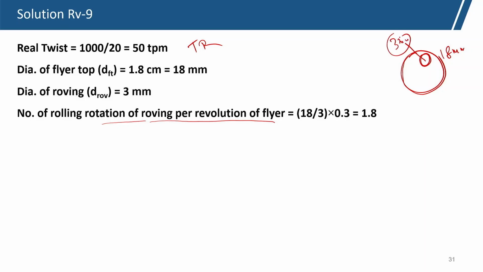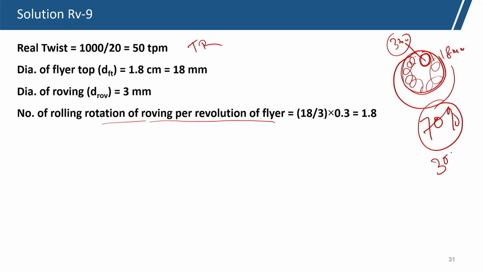So, if it wants to roll and come back to its own position, there will effectively be 18 by 3, that is 6 revolutions. If it rolls, there will be 6 complete rotations. So, for one whole revolution of the flare, there will be 6 rotations of the roving, but 70% is slippage, so only 30% remains.